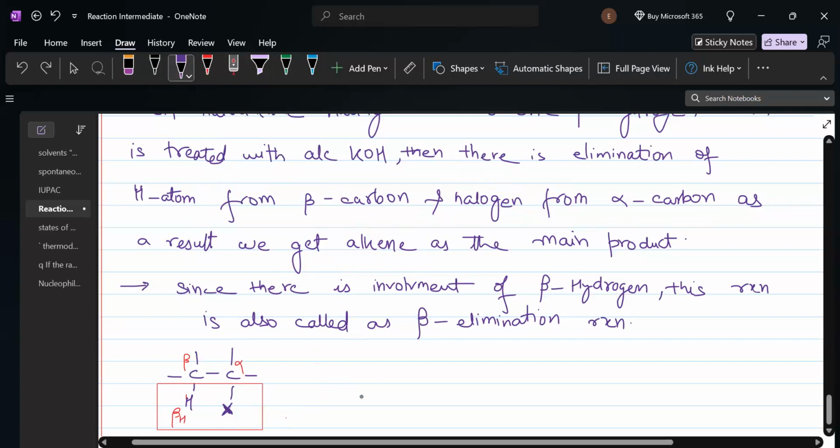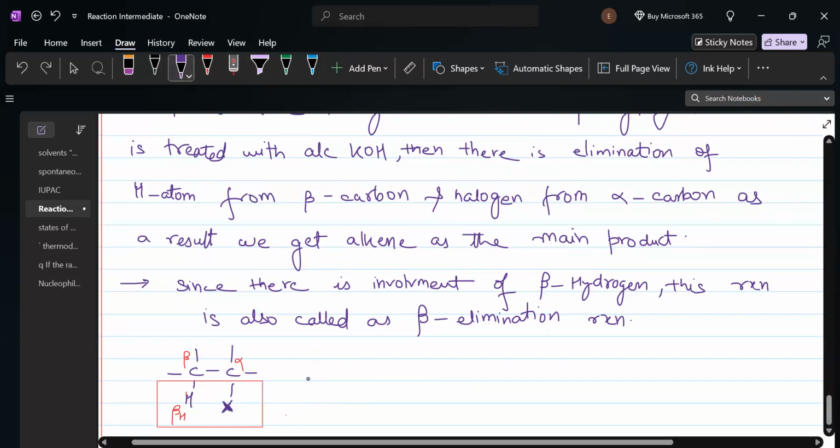So let's make the final product. We have the reagent alcoholic KOH, and we will get this alkene. Here you can see these two sigma bonds are breaking and one pi bond is forming, right? Yes, sir.